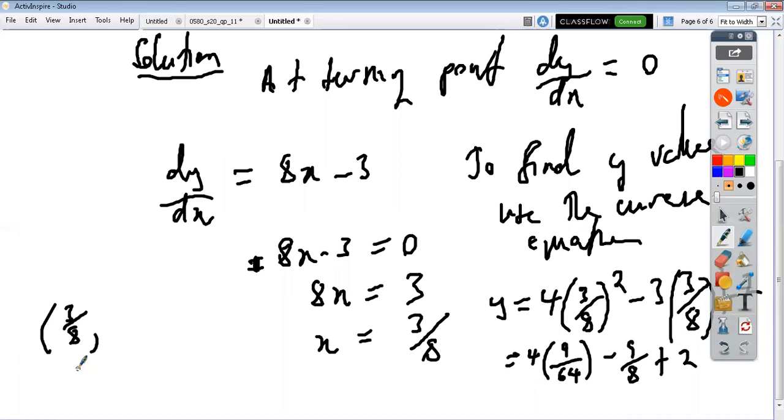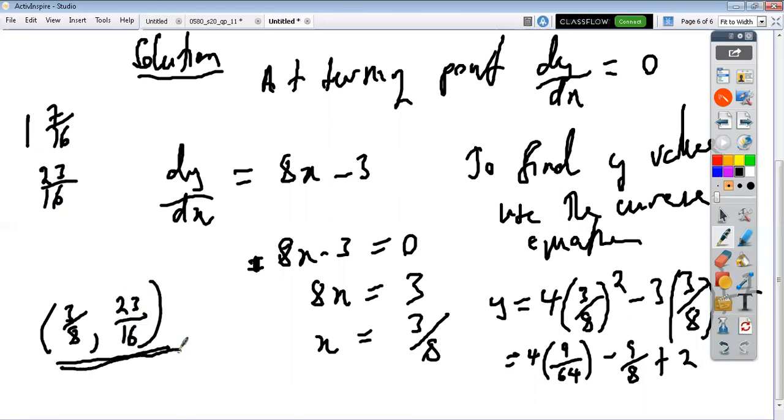What do you get? I'm getting 1 and 7 over 16. Yes, sir. Write that as an improper fraction: it's 23 over 16. So we are done. That's the turning point of our curve.